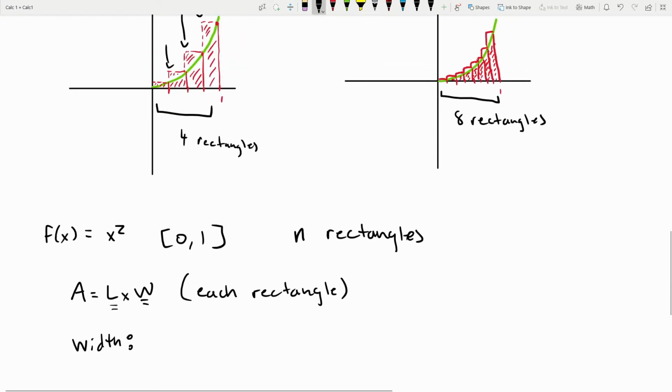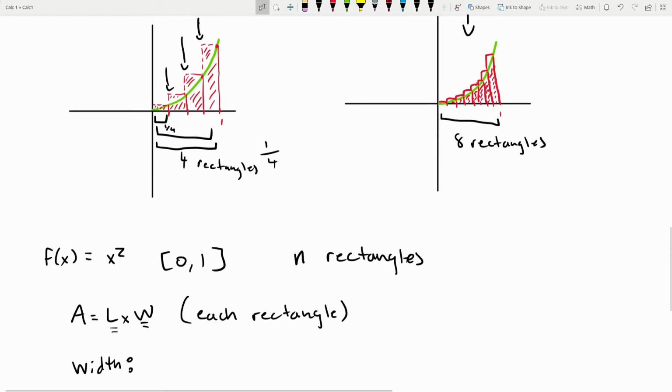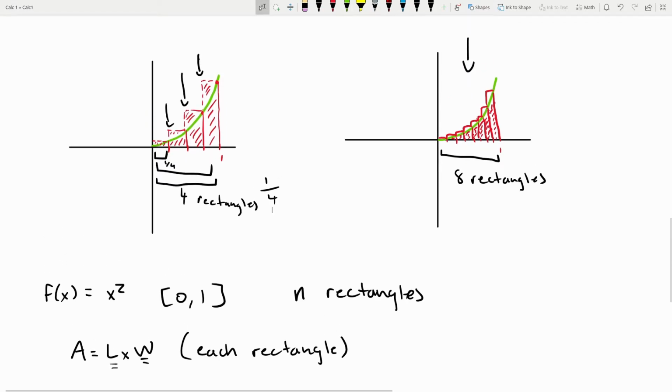If we go back to this diagram, we can see that the width of each rectangle here is 1/4, because the total length of this interval is 1. But we have 4 rectangles, so we divide this by 4 and we get that each rectangle has a width of 1/4. However, in the case of 8 rectangles, we have the same total length, 1. But now we have 8 rectangles, so each rectangle has a width of 1/8.